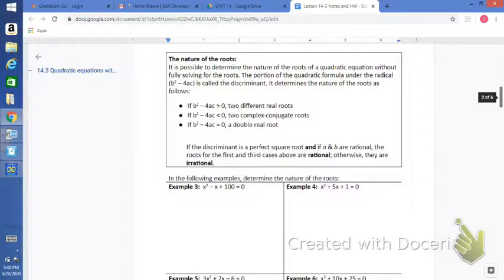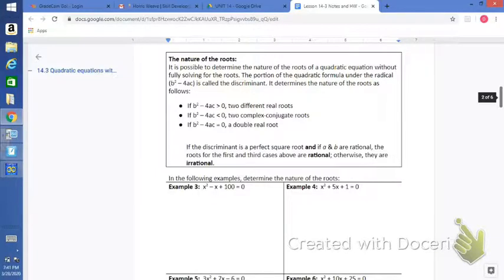If your discriminant is greater than 0, you have two real roots. If it's less than 0, which for the last two example problems we did, the b squared minus 4ac was negative, so we got two complex conjugate roots. And if the discriminant is equal to 0, you get a double real root.